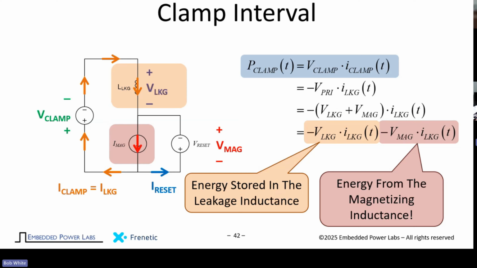The energy lost here is much greater than just the energy that was stored in the leakage. This isn't initially obvious, and this has been known for a long time, but I don't see this being taught very often. And so the loss is much greater than just the half L i squared of the leakage inductance.